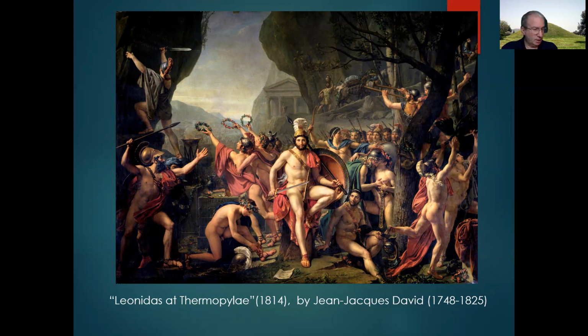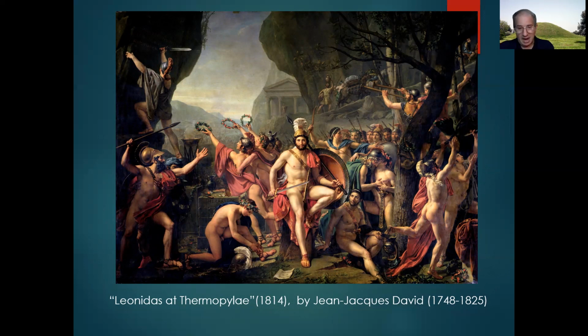Now, this painting of Leonidas at Thermopylae is by Jean-Jacques David, a French artist who essentially made his career out of celebrating the French general and then Emperor Napoleon Bonaparte.